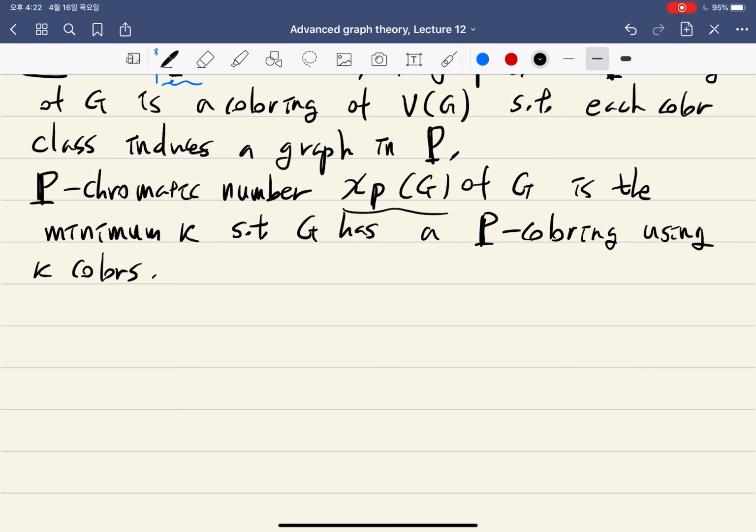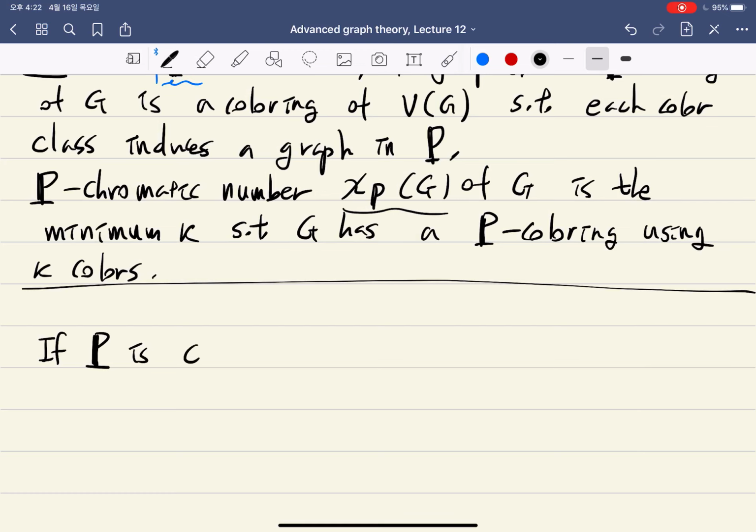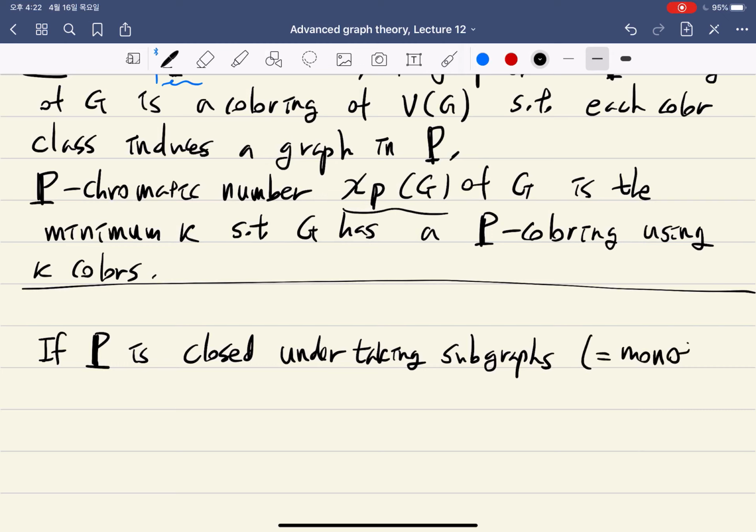So there are some classes, some families of graphs that we consider. We say that this P is closed under taking subgraphs. We call those a monotone family of graphs, or monotone class of graphs.